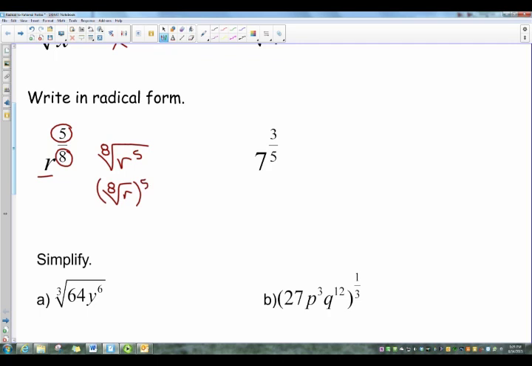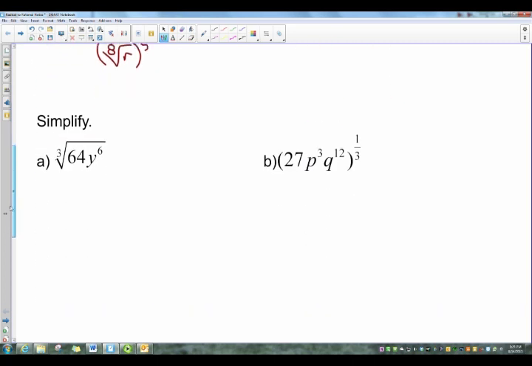All right. Now in the second one, I've got 7 here. That's my base. My 5 becomes the index, and then that is being cubed. Okay. The other option for writing that is the 5th root of 7, with the entire thing being cubed, written like that. Okay. So that's the way to transform back and forth.